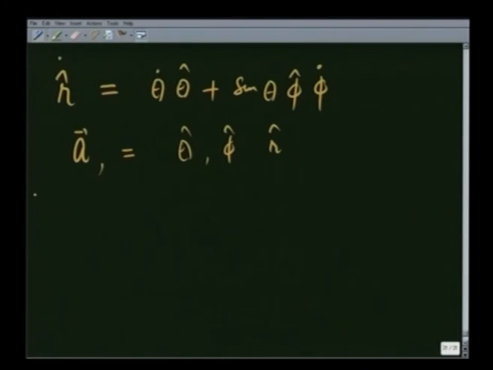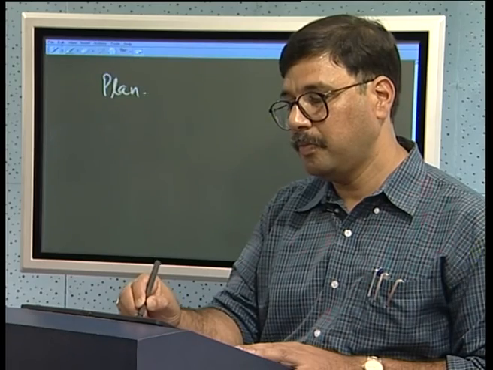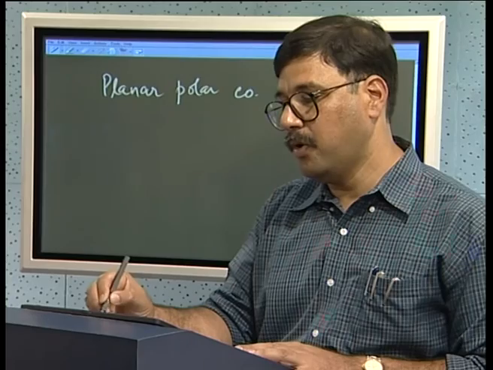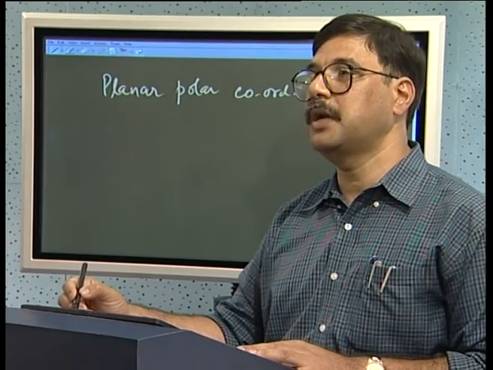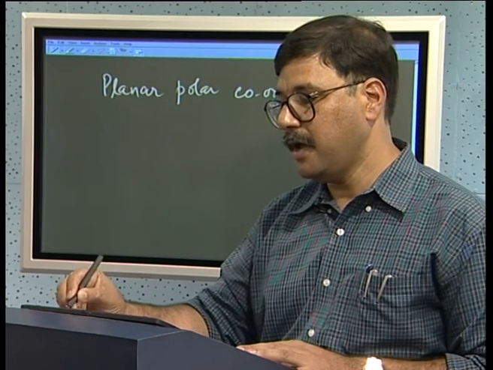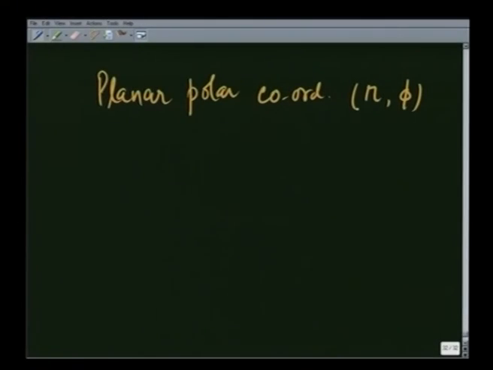To sum up the lecture, I would like to tell you that we covered planar polar coordinates, in which I described the motion in a plane using the radial distance and the angle from x axis.